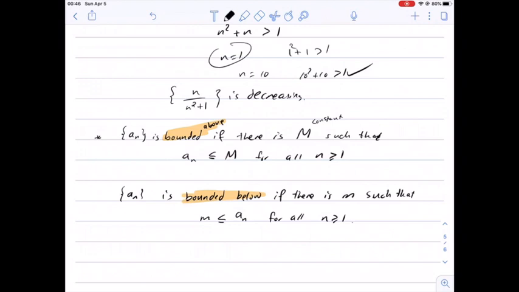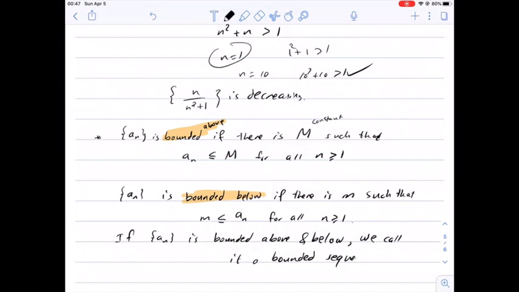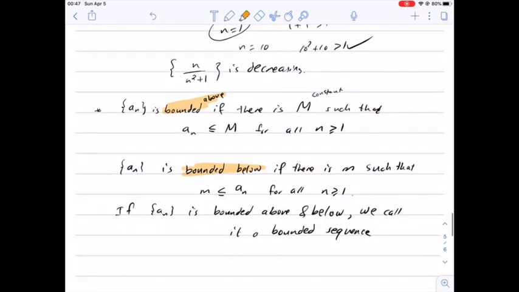Now if the sequence is bounded above and below, then the sequence is called bounded. If the sequence a sub n is bounded above and below, we call it a bounded sequence.